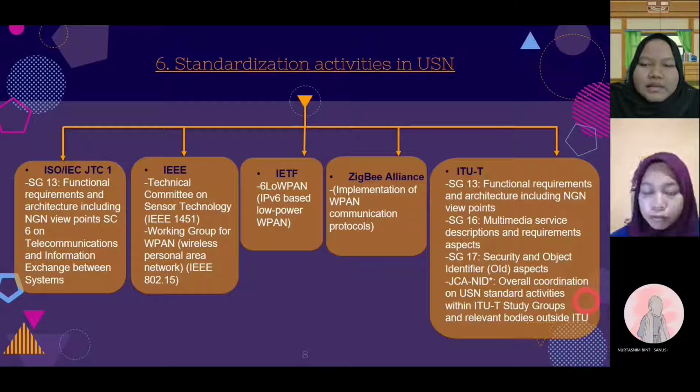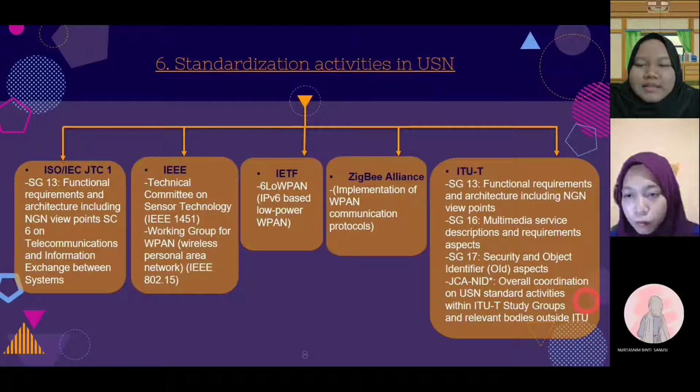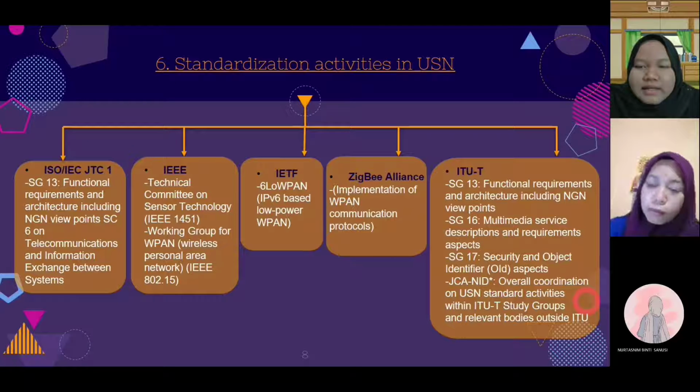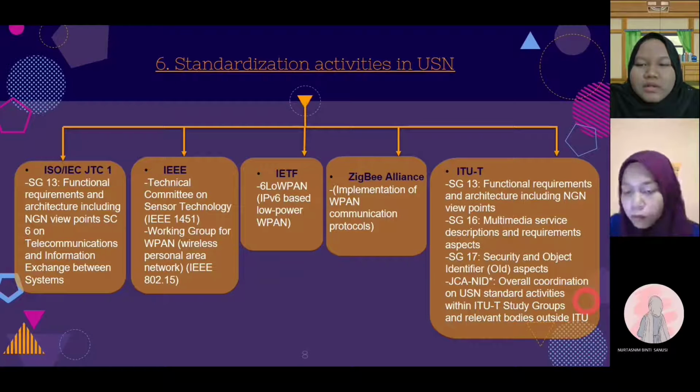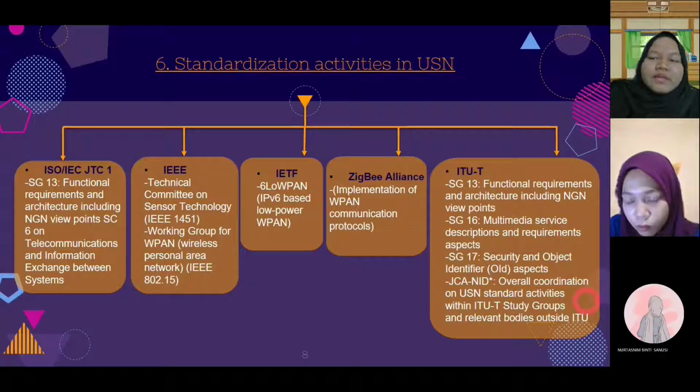SG17: security and object identifier aspects. JCA-NID: overall coordinating on USN standard activities within ITU-T study groups and relevant bodies outside ITU.